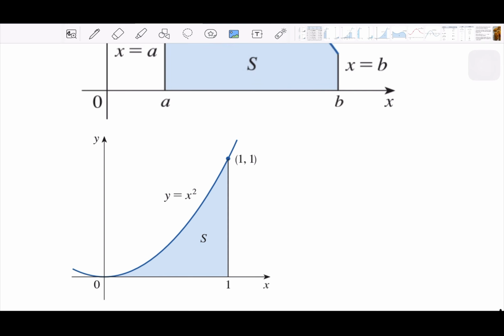How to compute this? Perhaps if you have learned the integral, the best way to approach this is we are going to define all this area with rectangles, like a rectangular area. So we could define that.